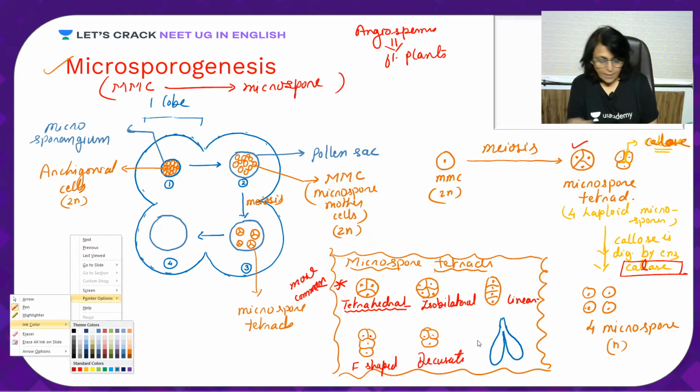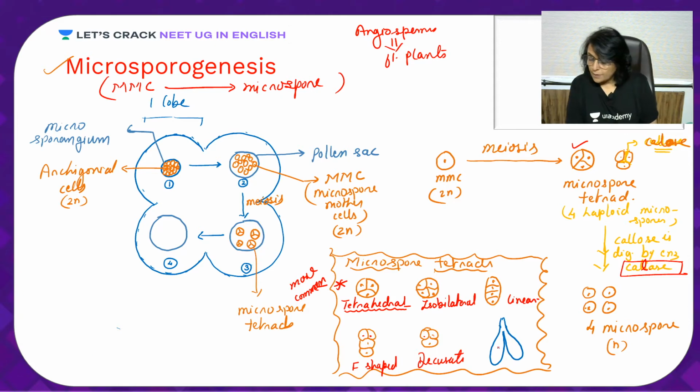So the pollen grains will be here. Such a structure is called pollinia. This structure is known as pollinia. It is seen in Calotropis.